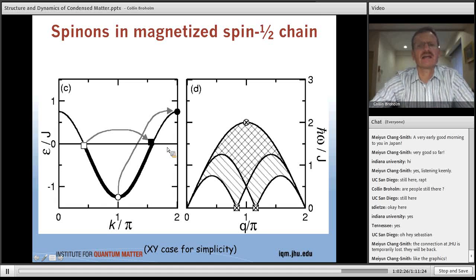I have more of those, and correspondingly the system becomes magnetized. In fact, the magnetization is carried by those extra quasi-particles which are added in response to the magnetic field.